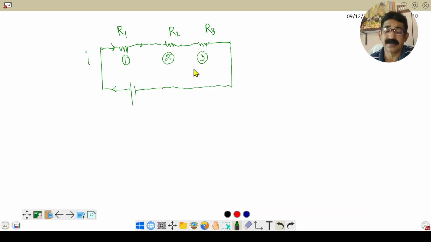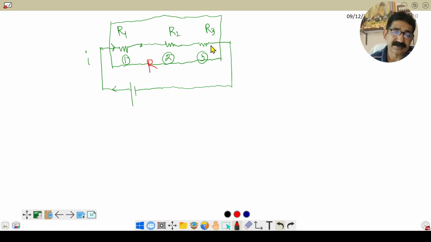The same current will flow through all 3 resistances, and this is series connection. In case of series connection, the equivalent resistance, that means if we replace these 3 resistances with a single resistance R that contributes the same effect, then this resistance will be called the equivalent of these 3 resistances in series.